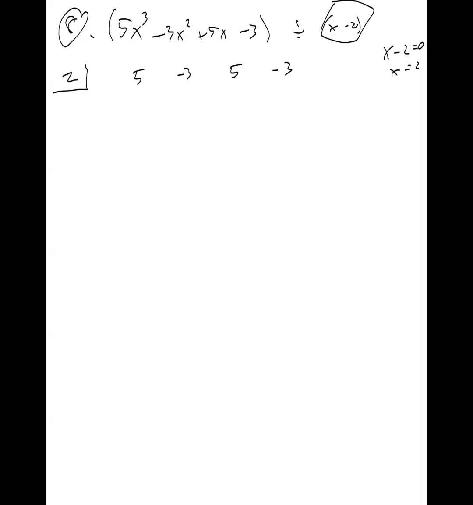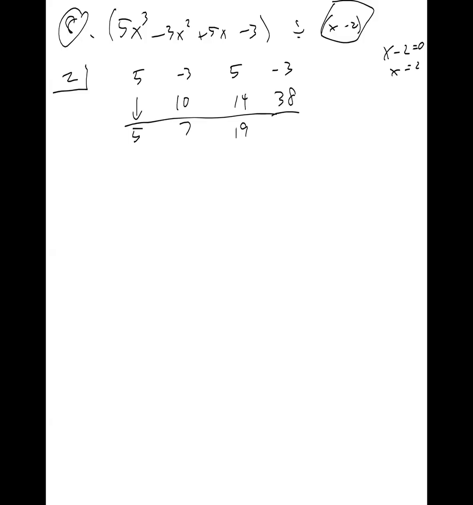And then you bring down the 5, multiply together, and then you add these up. 7. 2 times 7 is 14. And make sure I'm doing it right. 5, -3, 5, -3. 2, 5, 10, 7, 14. 5 plus 14 is 19. 2 times 19 is 38.